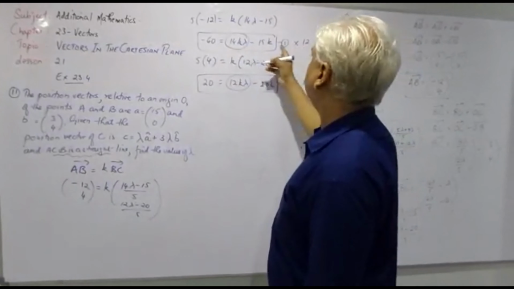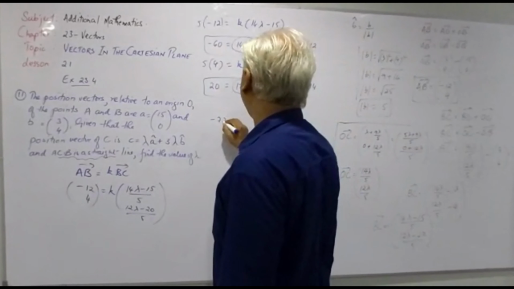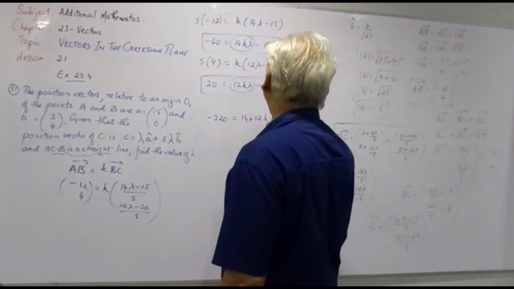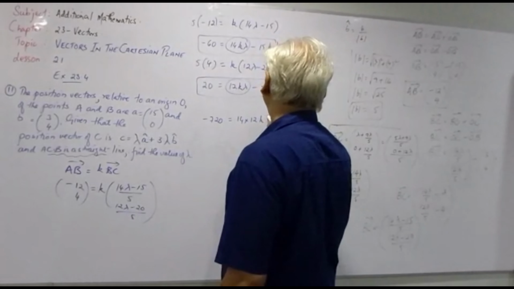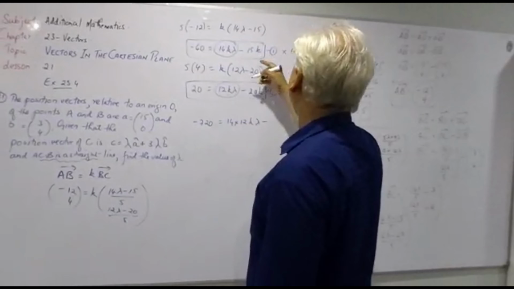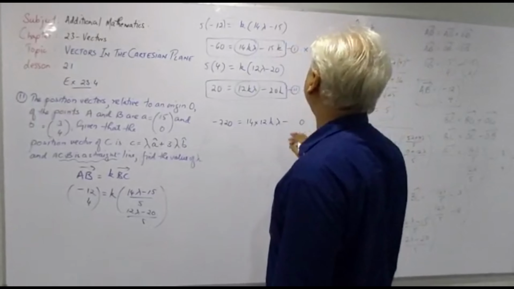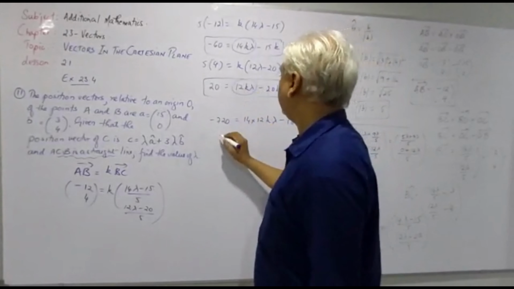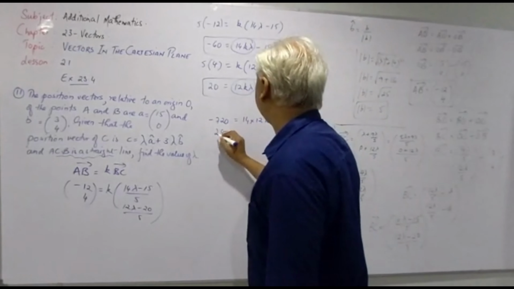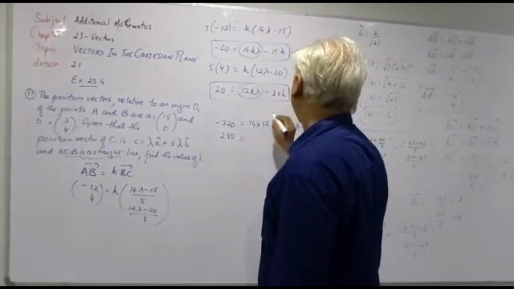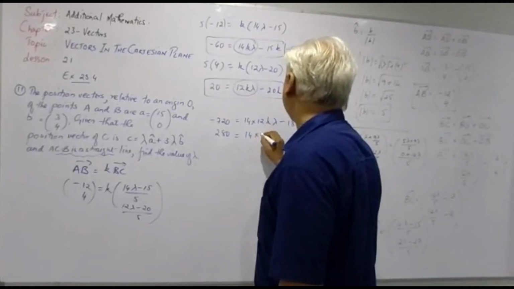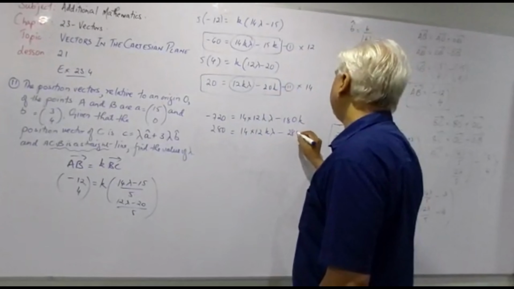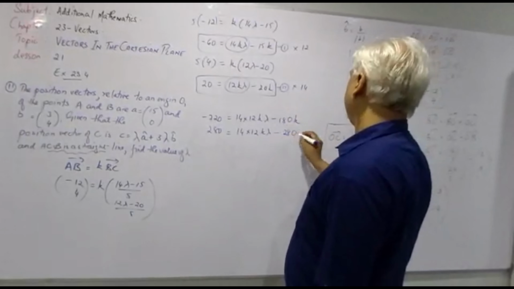So 12 times 60 will give you minus 720 equals 14 times 12 K lambda minus 15 times 12, which is 180 K. 14 times 20 would give you 280 equals, again the same thing, 14 times 12 K lambda minus 280 K.